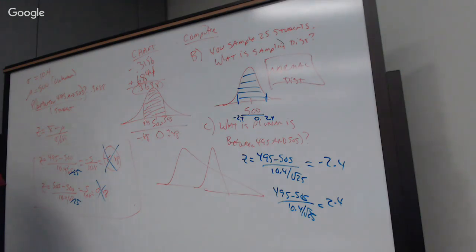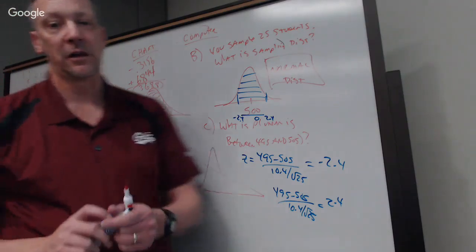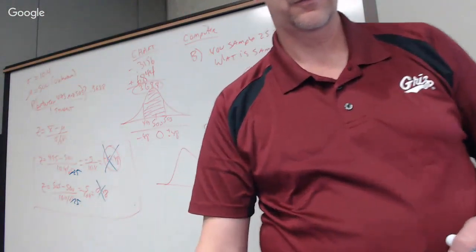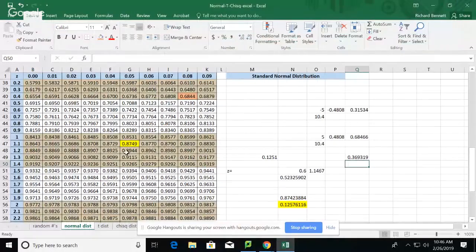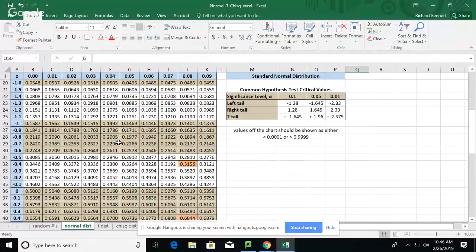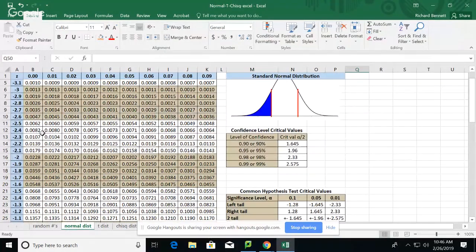So you look at the z-score on the chart. Okay, so I'm looking at negative 2.4. Here, let's do the problem. Z equals 495 minus 500 equals 10.4 divided by the square root of 25.